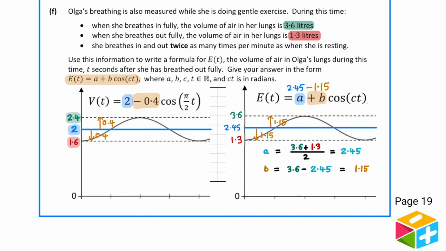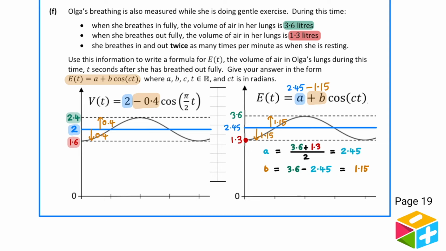The minus sign here comes from the fact that our function is starting at its minimum value instead of the maximum. This is a result of the fact that our measurements are beginning at a time when Olga has breathed out fully.